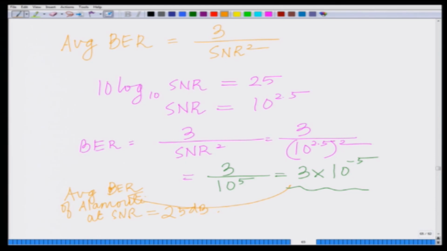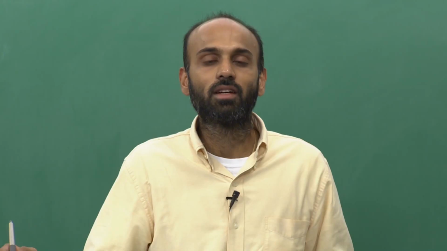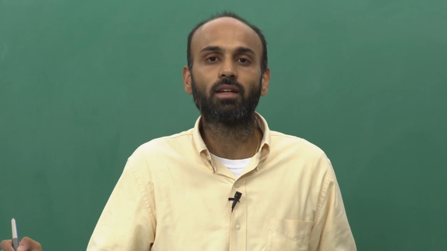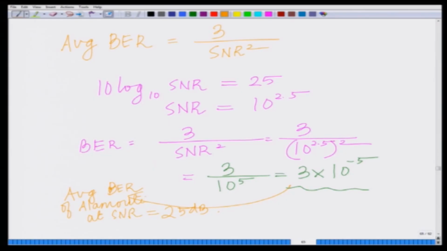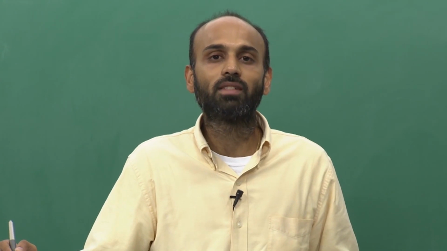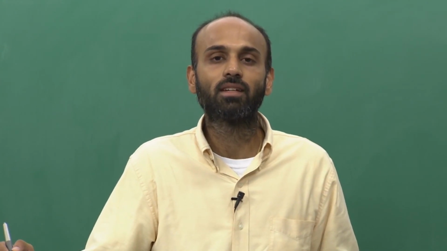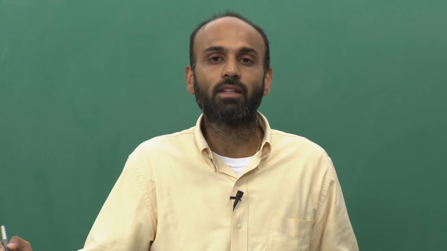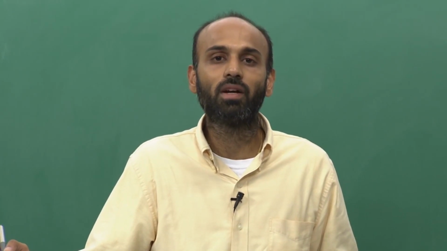This is a simple example to illustrate the average bit error rate of an Alamouti coded 1 cross 2 MISO system at SNR 25 dB. We have seen that it is 3 into 10 to the power of minus 5, that is the bit error rate. All right. So, these examples and the theory before that comprehensively illustrate the scheme, the analysis, the transmission, the decoding, and also the bit error rate performance of this Alamouti coded system.